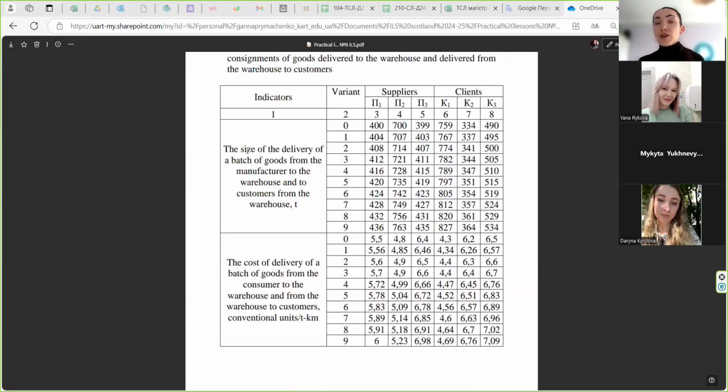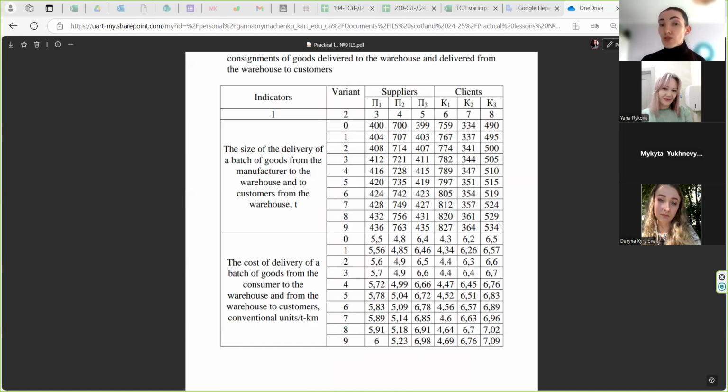We use table 1, our third line, and our last column for client three. For zero variant, for example, it is 490. For first variant, 495, and other third parameters also. Okay, and is equal to, and calculate the result.